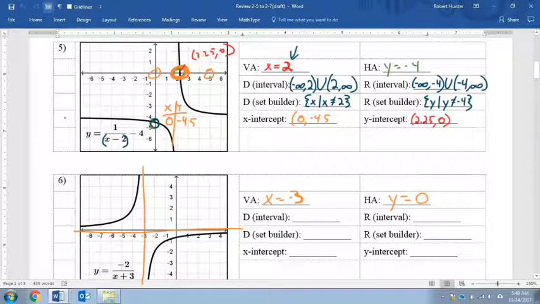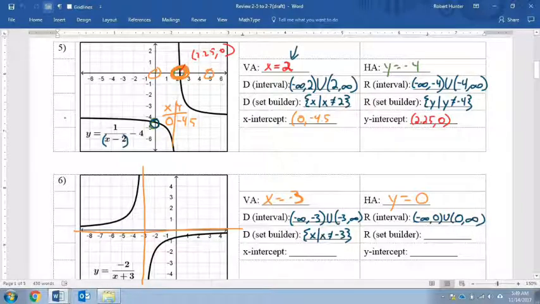Which means your domain stops at -3. Again, you can use your cheat sheet and you can see all this. You'll realize, oh, that's the C over B value. Your range for this, y equals 0, your range, again, -infinity to 0, union 0 to infinity.